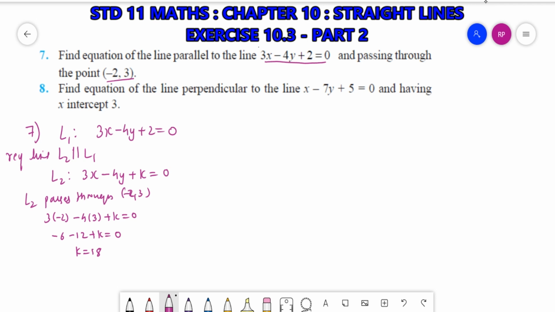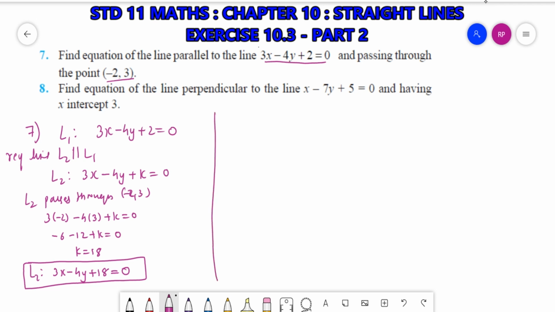We found out the value of k, clear? So the equation of L2 will be 3x - 4y + 18 = 0. This is the equation of the line parallel to 3x - 4y + 2 = 0 and passing through (-2, 3). Now let's see the next, that is question number 8.